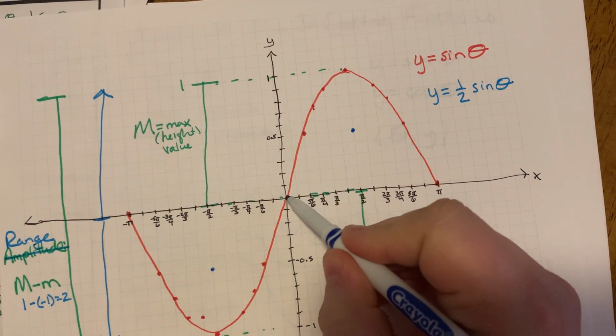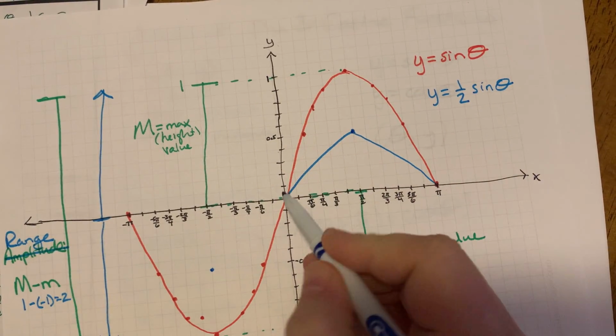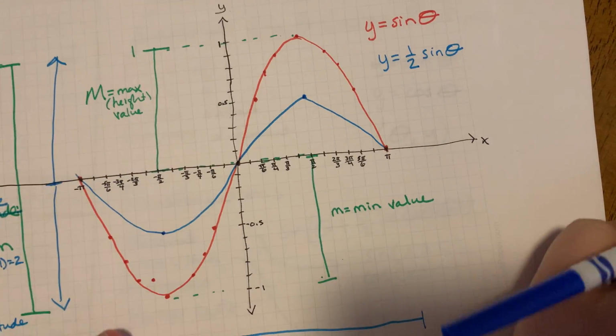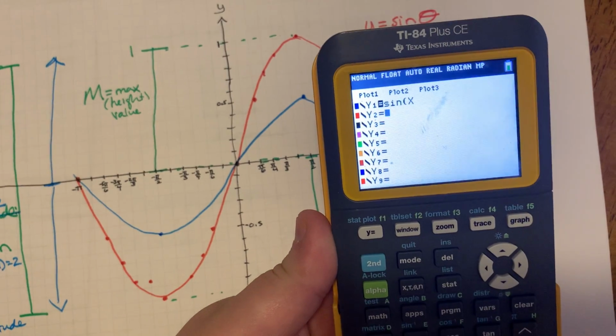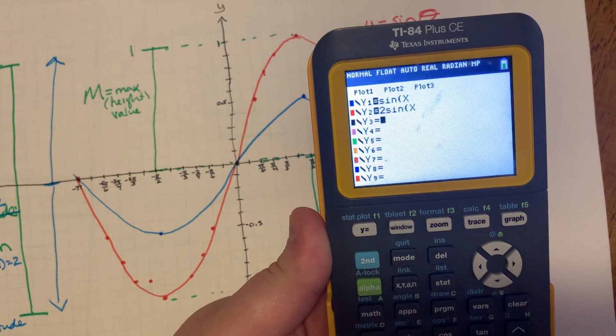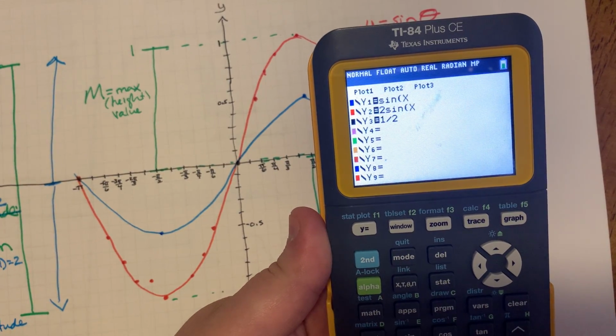And now we would end up with something that looks like this. And so instead of doing some cosines, let's look at 2 sine x and half sine x.